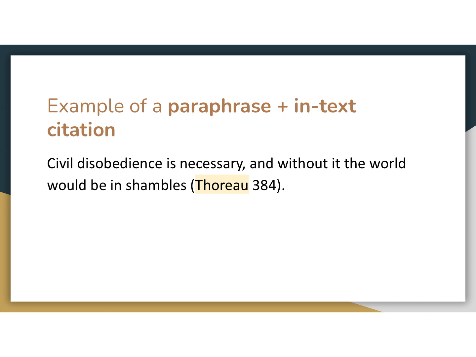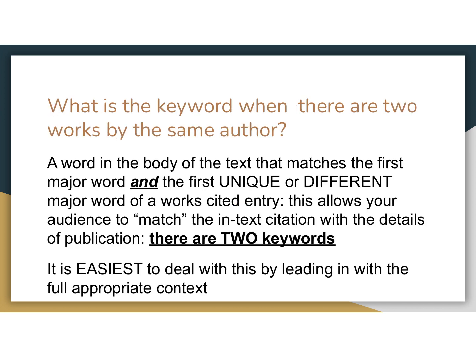It sounds like I'm incorporating that idea into my work, and it is less disruptive with that other attribution. So it's a matter of focus where you would choose to put that. Do you want the focus on Henry David Thoreau, or do you want the focus on the idea? That's where you would choose which way to do it.